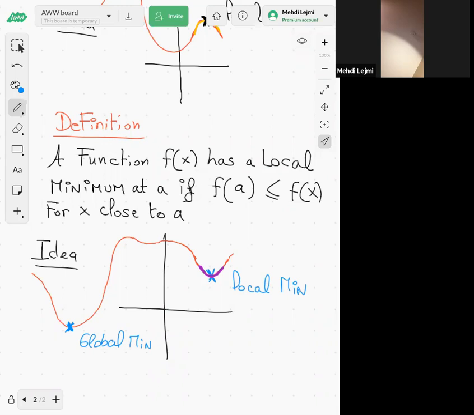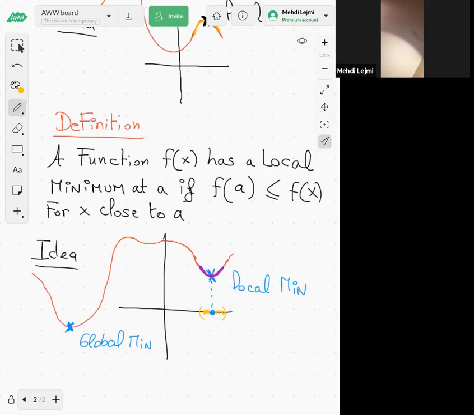So in the small neighborhood of your point, the blue point would be the lowest point in the neighborhood, right?